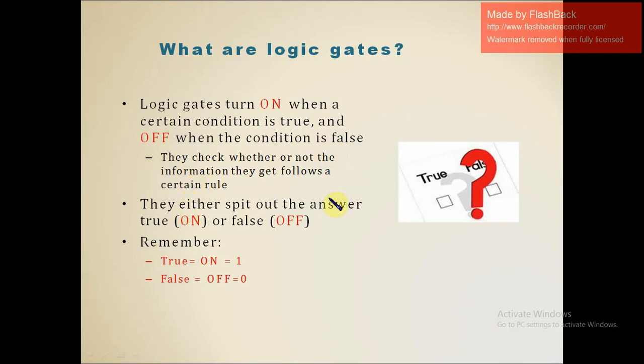They either spit out an answer that is true or false, meaning either on or off. You have to remember, true means on, which is 1, and false means off, which is 0.